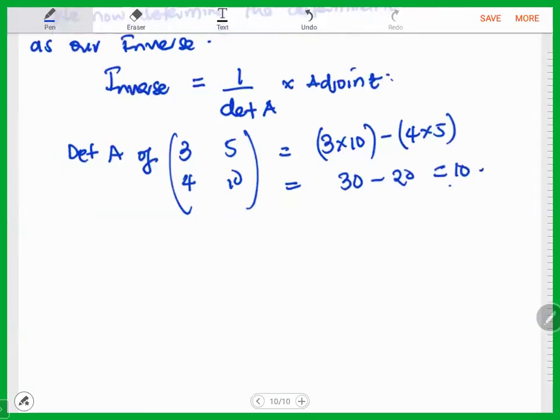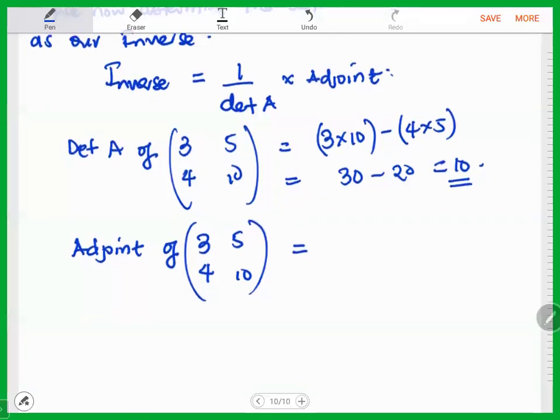So we need to get our adjoint of 3, 4, 5, 10. We interchange the positions of the entries of the major diagonal, and we multiply by -1 the entries of the minor diagonal. So 10, -4, -5, and 3.